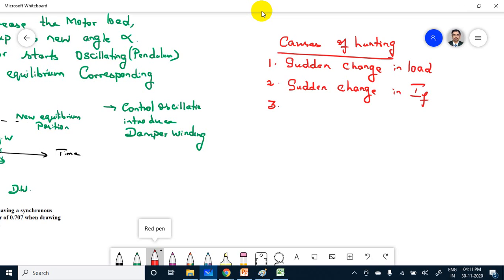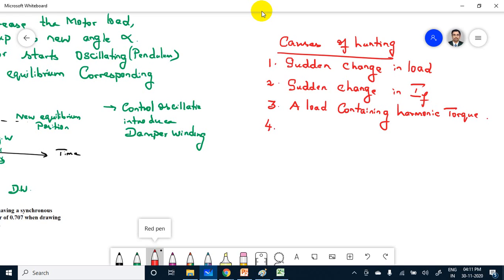Third point, a load containing harmonics in torque.